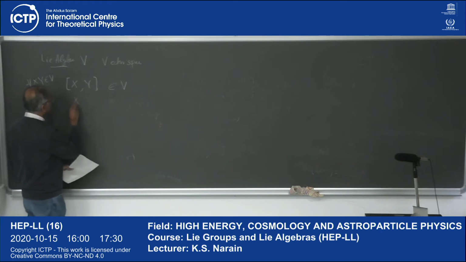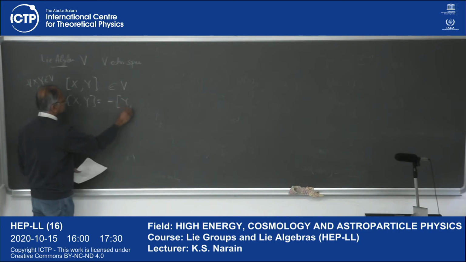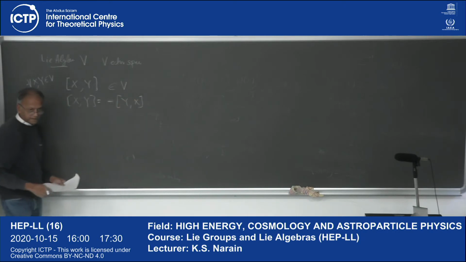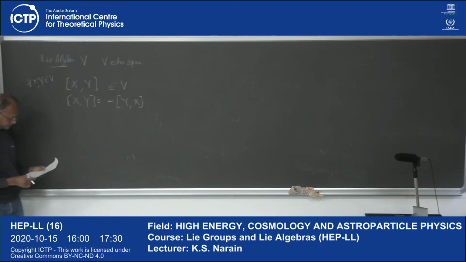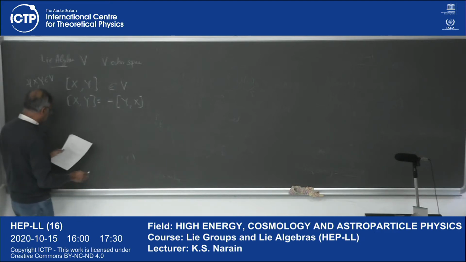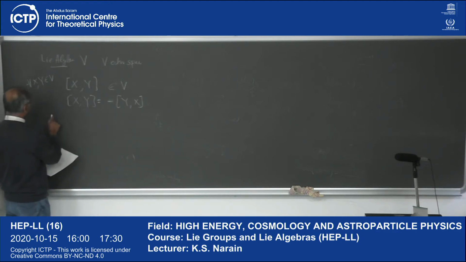In other words, [x,y] is the same as minus [y,x]. Then the Jacobi identity.